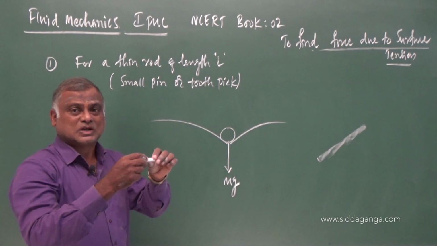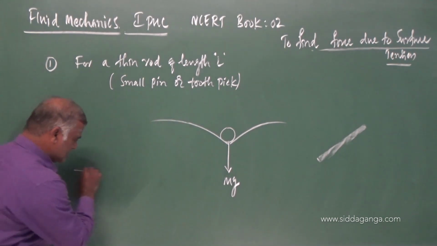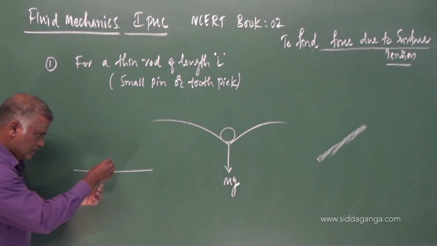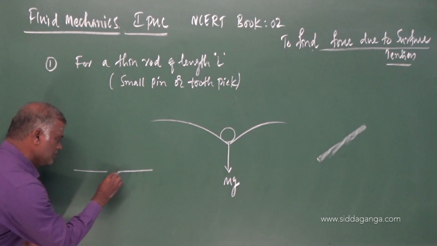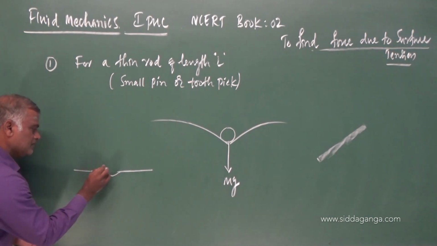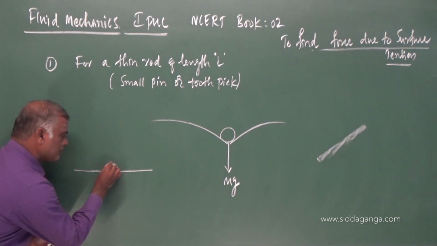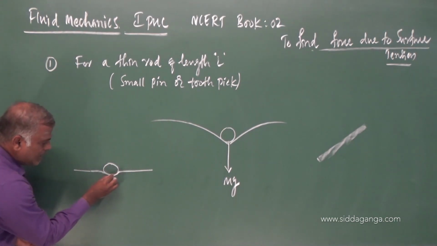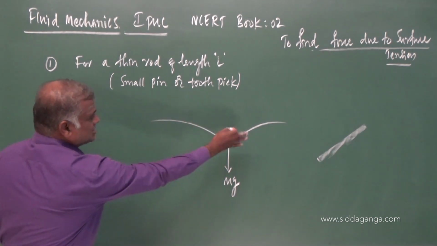What happens if you observe carefully? There is a depression. If you place it on the free surface of liquid, a little depression is seen like this. There is a depression. I have written that in an enlarged, magnified image.